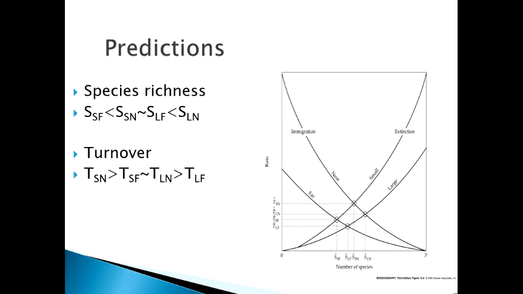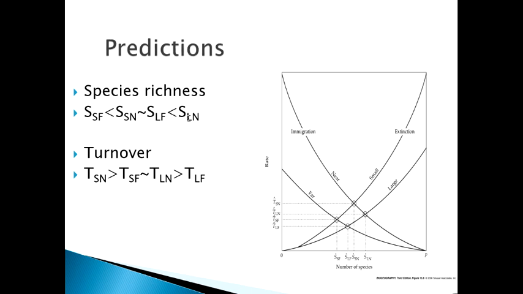This then makes the prediction, and here's the summation of this whole thing, that the number of species on small, far islands is lowest. What is greater is the number of species on small, near islands, which are roughly equal to the number of species on large, far islands, and then all of them are dwarfed by the number of species on large, near islands.